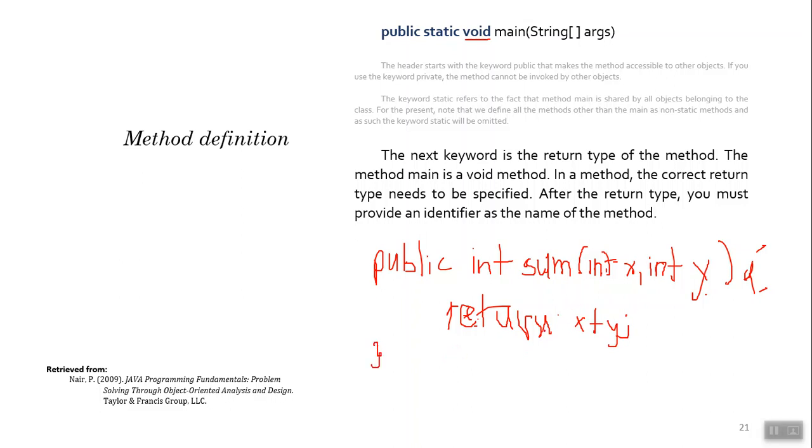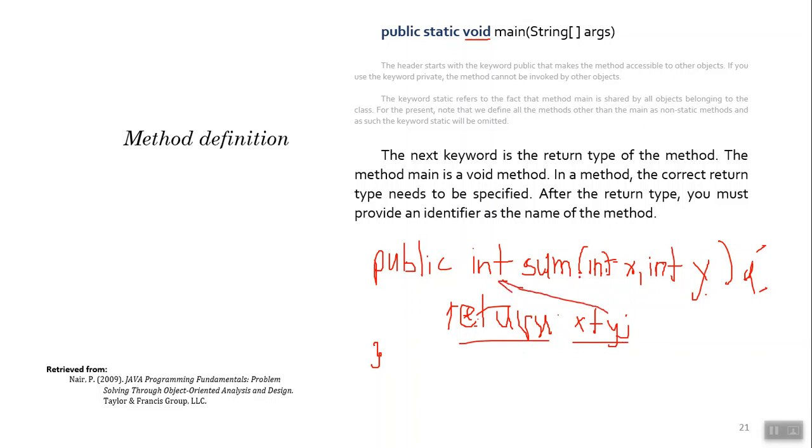Meaning, once we call this sum and supply some values inside the parameters or arguments, it would return the result. This x is an integer, y is an integer. So if we add these two, we will get an integer. That's the return. We will return the result, which is of type integer.